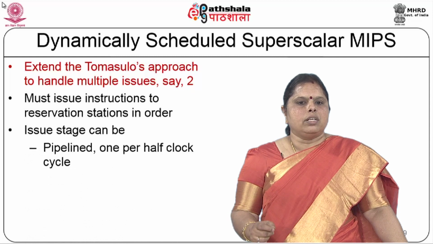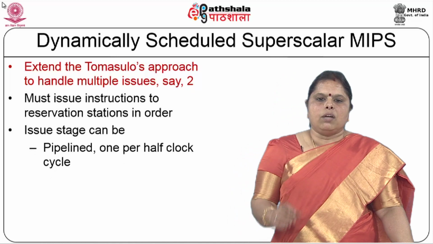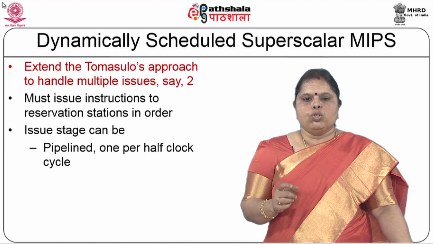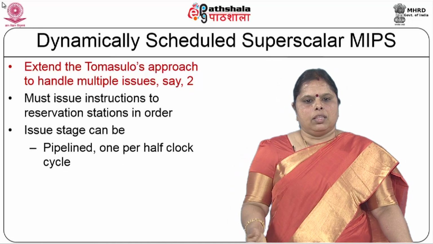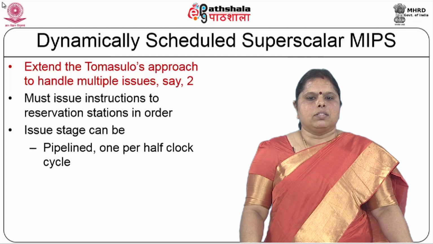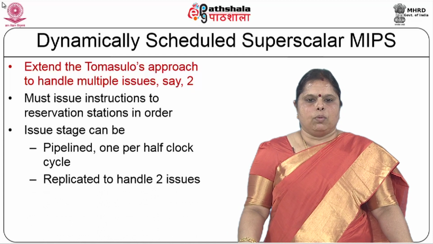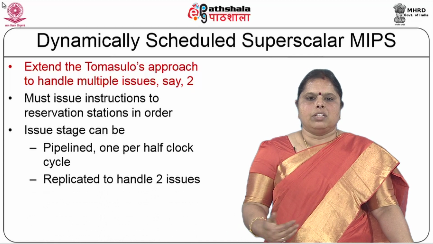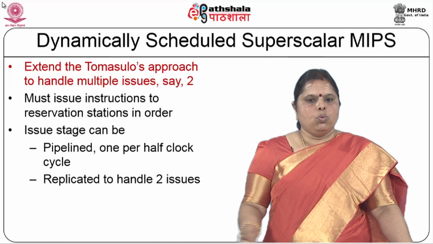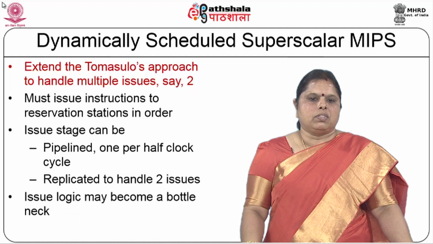The issue stage can either be pipelined, where one half of the clock cycle is used for handling one instruction and the next half of the clock cycle is used for handling the second instruction, or you can replicate the hardware, so that the issue stage itself is replicated, so that 2 instructions can be issued simultaneously.